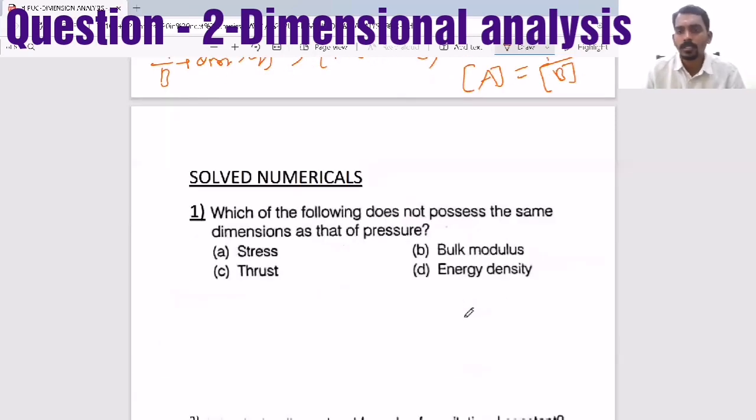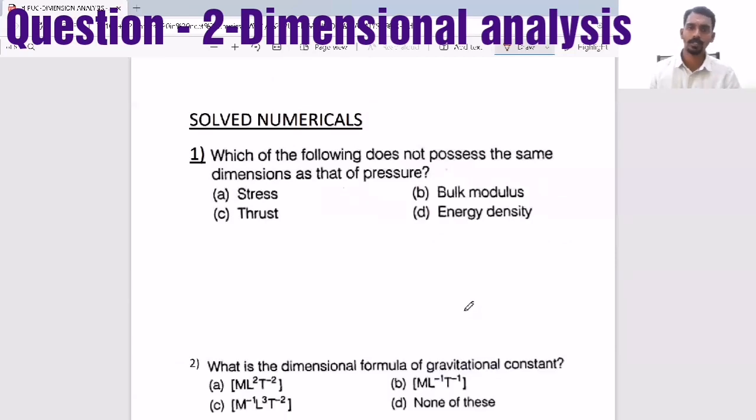So let's see a few questions and how they'll ask. First question: which of the following does not possess the same dimension as that of pressure? In physics, some quantities have the same dimension; any set of two quantities may have the same dimension. Here, the very first thing given is pressure. The definition of pressure is force by area.